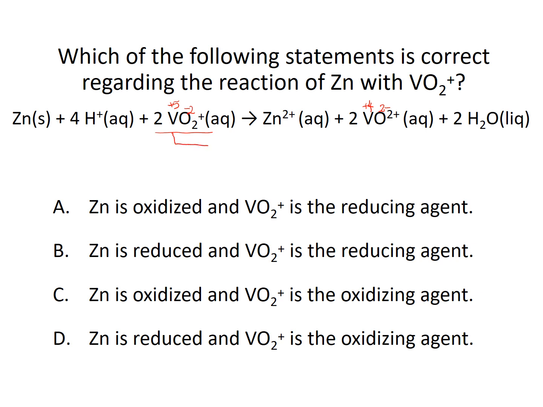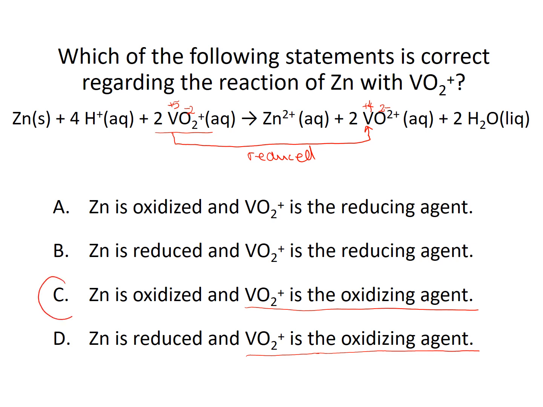So if vanadium goes from +5 to +4, it got reduced. And if it got reduced, it's going to be the oxidizing agent. So this is correct, and this is correct. Now it's just a matter of the other one. If we know that the vanadium dioxide ion got reduced, then the other element, in this case most likely zinc, had to be oxidized.